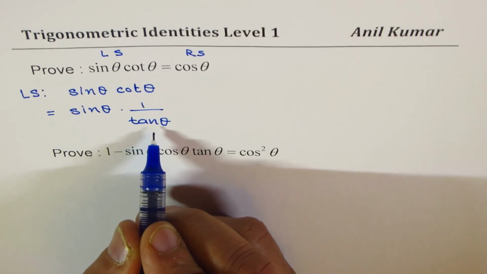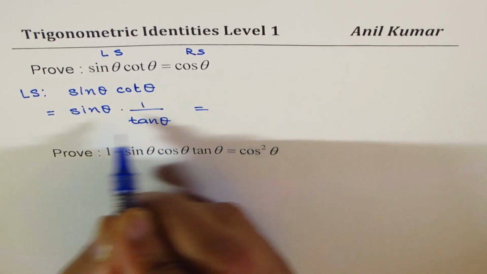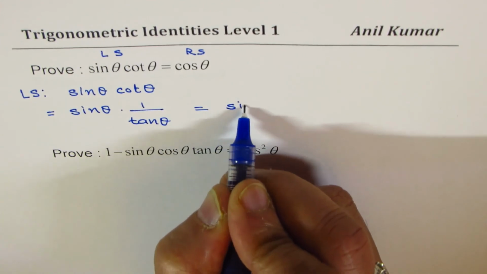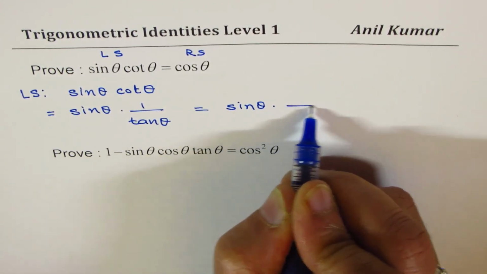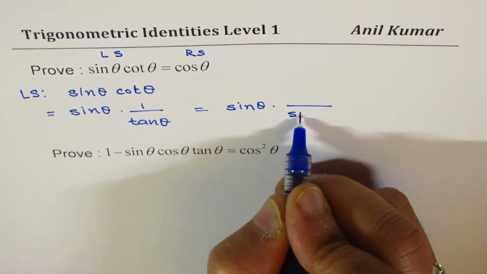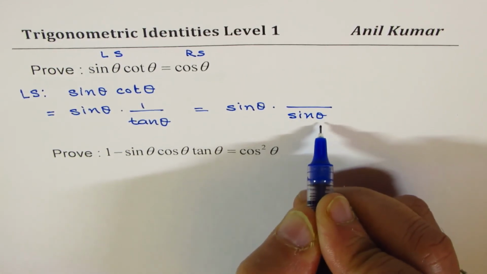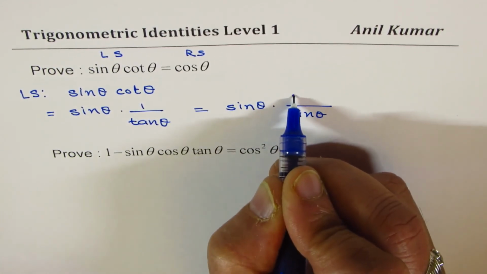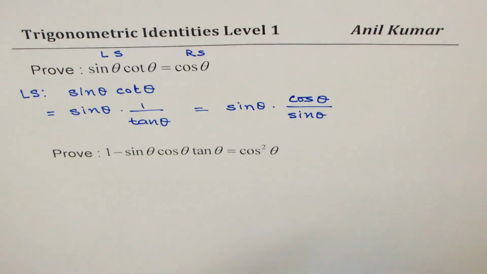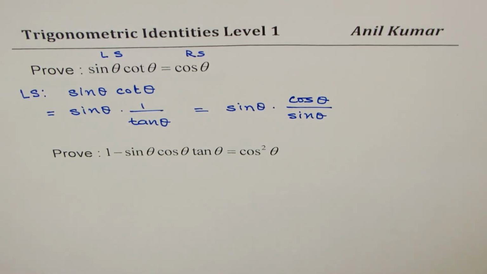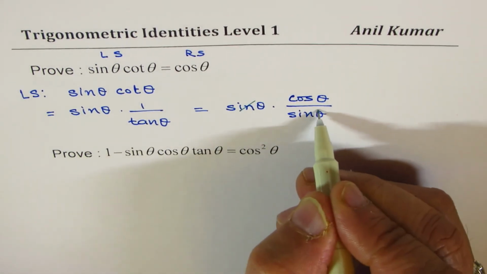Now, as you know, tan theta is sine over cos. So we'll rewrite this as sine theta times cos theta divided by sine theta. So I can take that cos theta on the numerator side. Now we can cancel sine and sine, and what we are left with is cosine, correct?